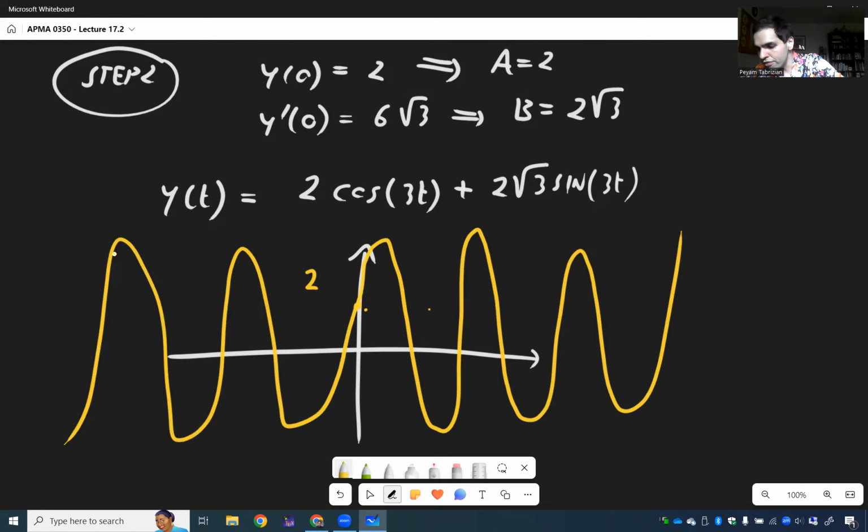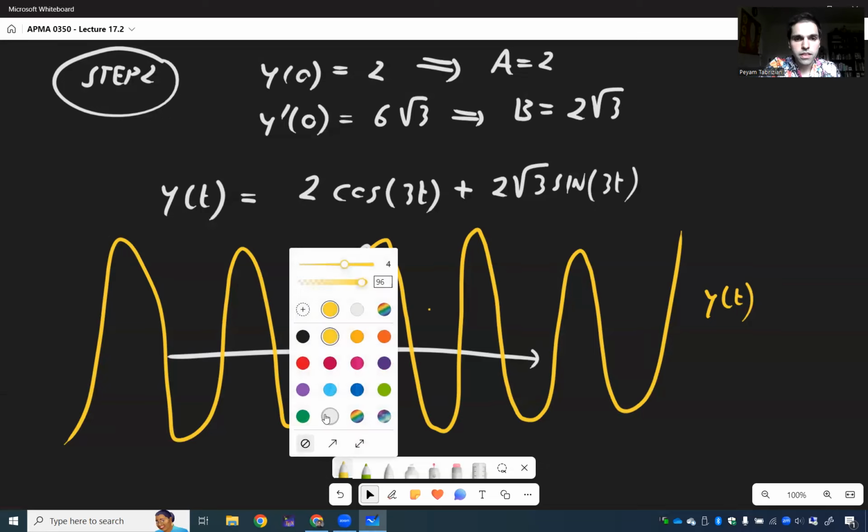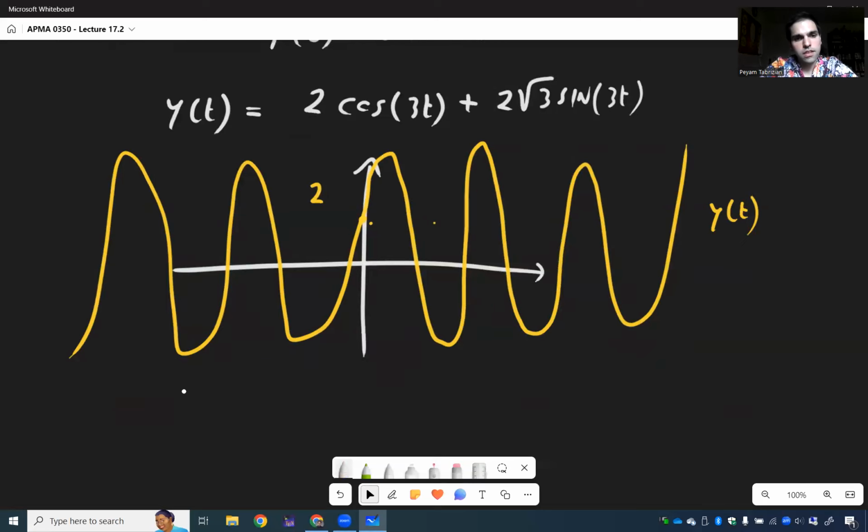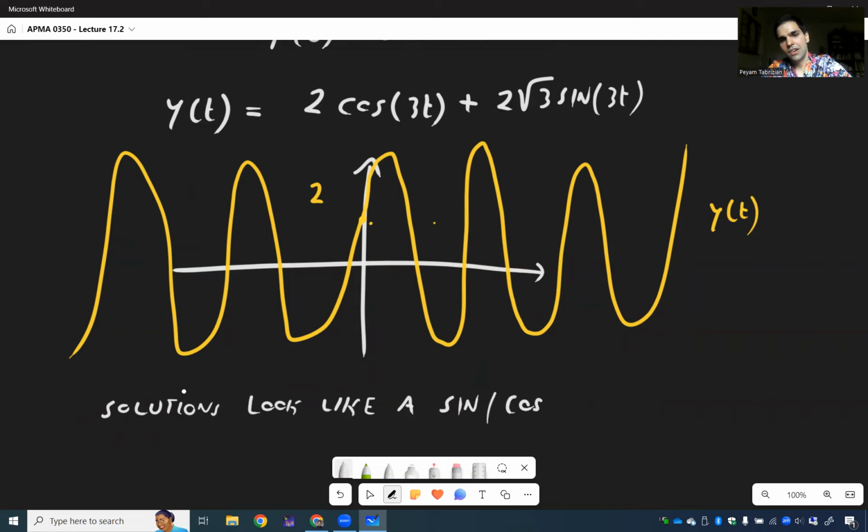So this is y(t), like a sine or a cosine wave.